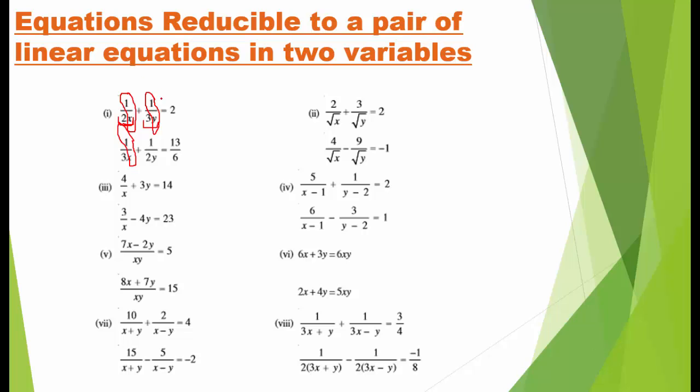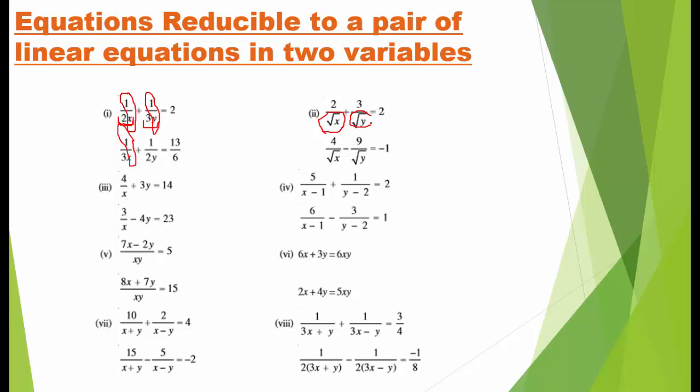Now these non-linear equations, these non-polynomials, can be converted into linear equations by assuming the denominator term. Here we will assume root x as a, or anything else you want to assume.